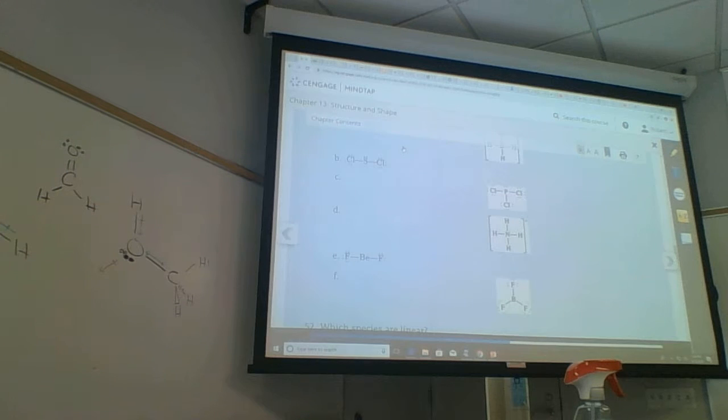So if we look at ethanol, what's the oxidation state on this carbon? Well, I know the formal charge is 0, but what is the oxidation state on that carbon? What is the oxidation state on this carbon?